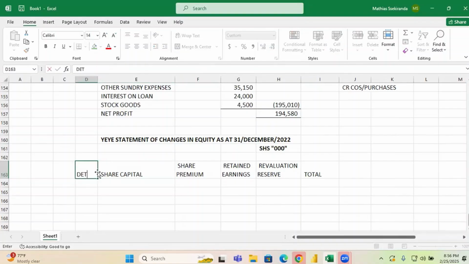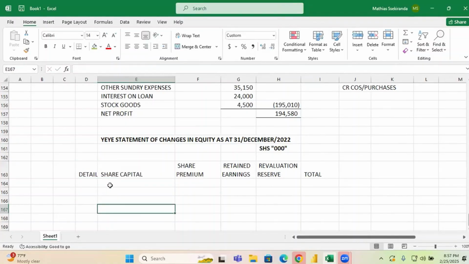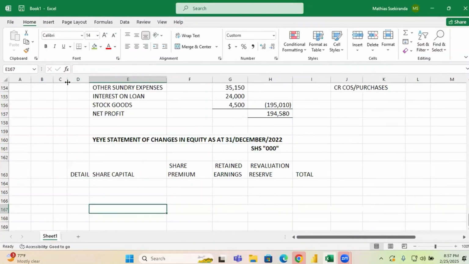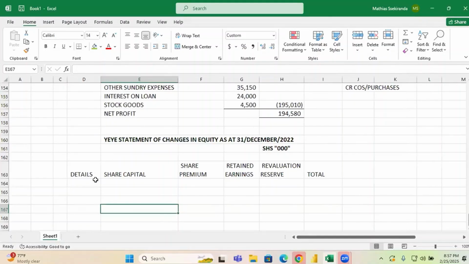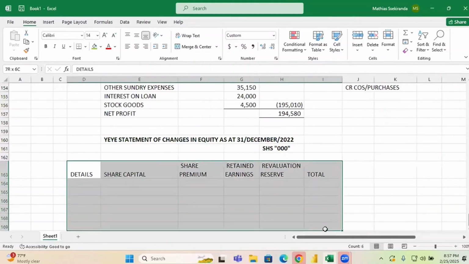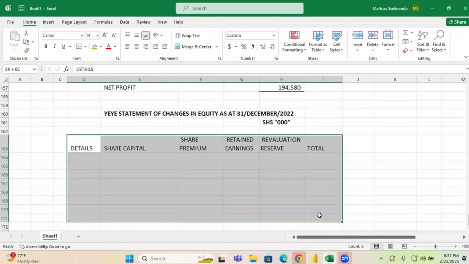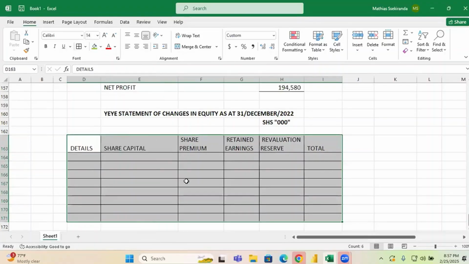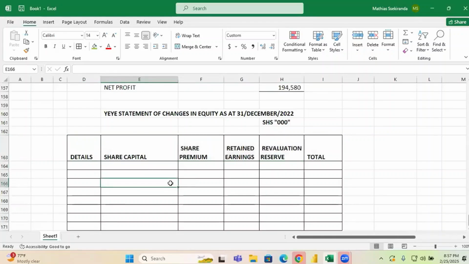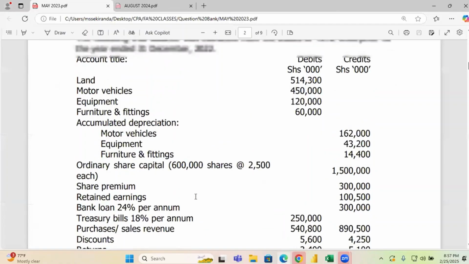The first column is for details. We shall have as many columns as the items of changes in equity. This very number will have share capital, share premium and retained earnings, which you can get from the trial balance.